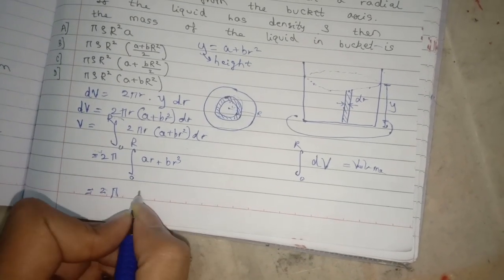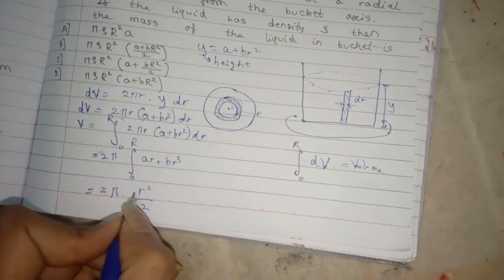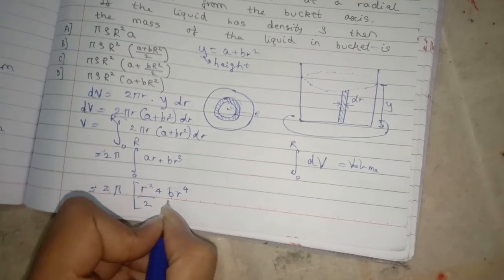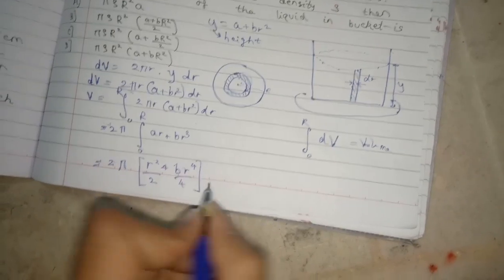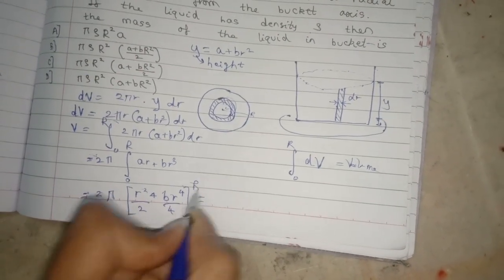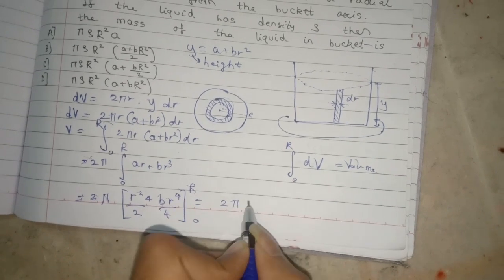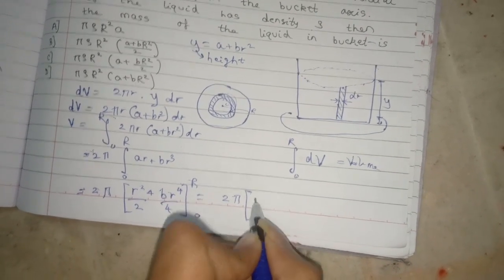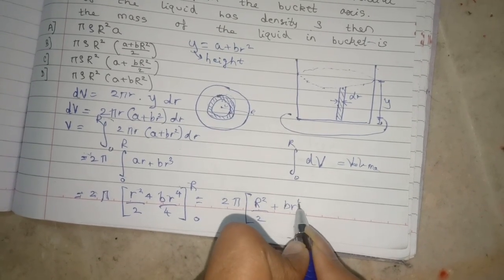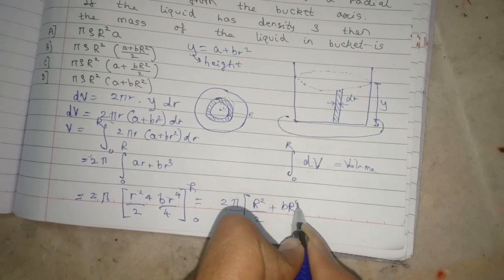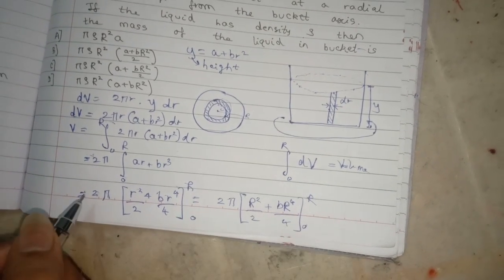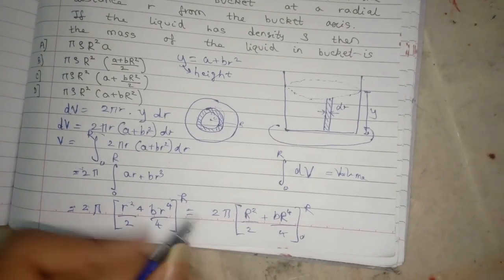Integration of a r is a r square by 2 plus b r cube gives b r raised to 4 by 4, with limits 0 to R. Substituting the limit, 2 pi into a R square by 2 plus b R raised to 4 upon 4. So friends, we have got the volume.